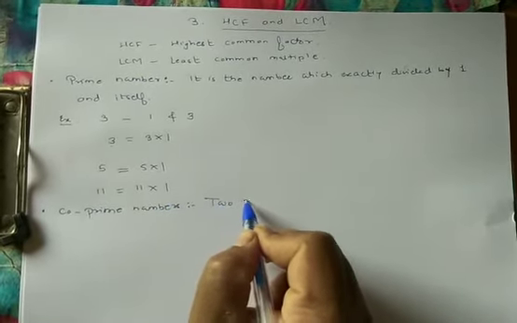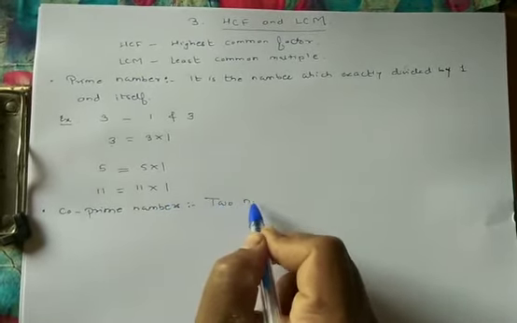Two numbers which have only one as a common factor are said to be co-prime, or relatively prime, or mutually prime numbers.